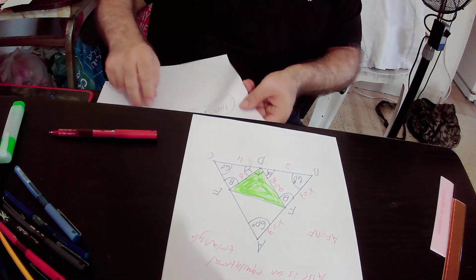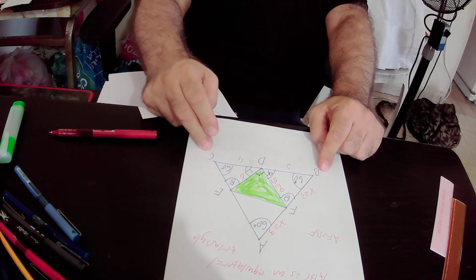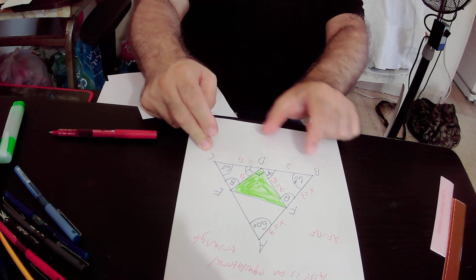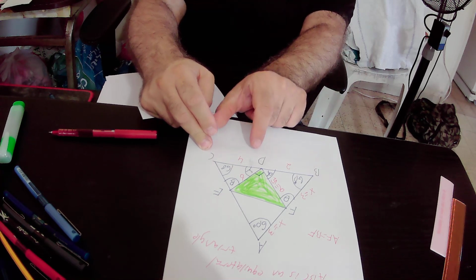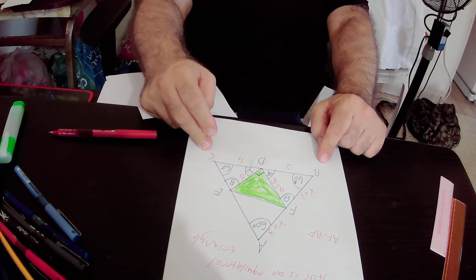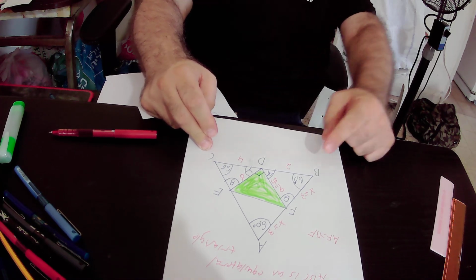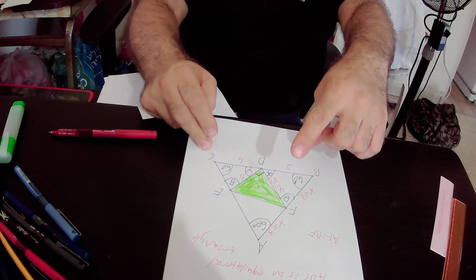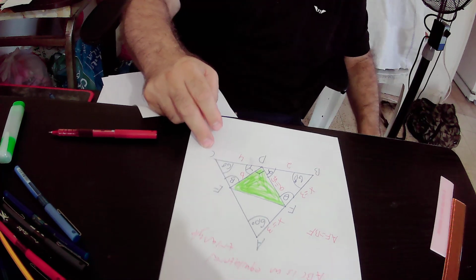So we know that the side BC of the equilateral triangle ABC equals BD plus DC. BD is 2 units and DC is 4 units. So the size of BC is 2 plus 4, that is to say 6 units. So all the sides of this equilateral triangle ABC equal 6 units.